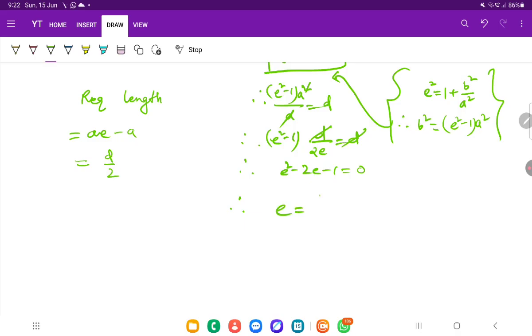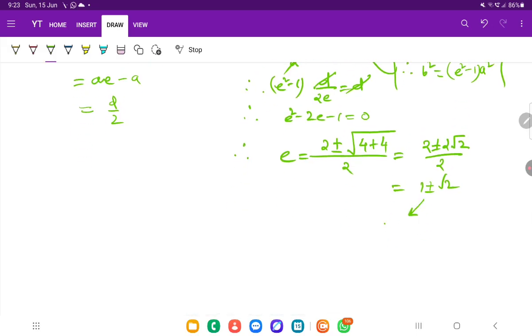Solving this quadratic, we get the roots 1 plus minus root 2. But one root will be neglected, because 1 plus root 2 is a valid root, but 1 minus root 2 is negative and eccentricity cannot be negative, so this is not the correct root. We'll proceed with e equals 1 plus root 2.